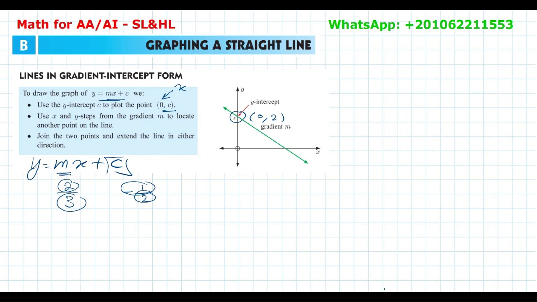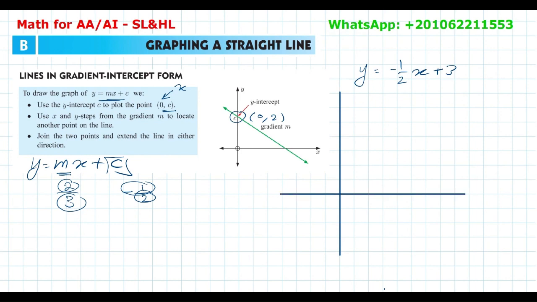For example, if you have y equals negative half x plus 3, then you're gonna graph it like that. Here, you're gonna find the y-axis, and after that, this is the x-axis. First of all, you need to plot the y-intercept, which is here, 1, 2, and 3.